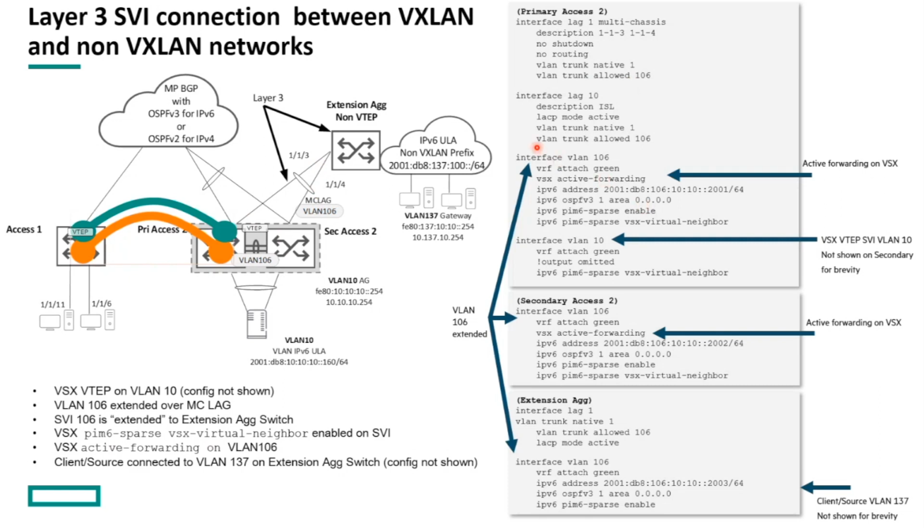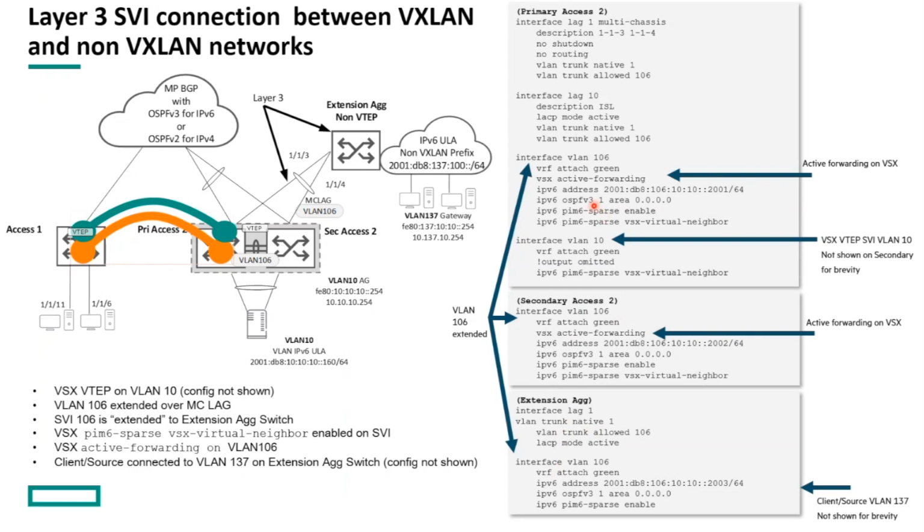We have an ISL with VLAN 106 here too. And then we've just got the SVIs on all of these 3 switches, including the extension.